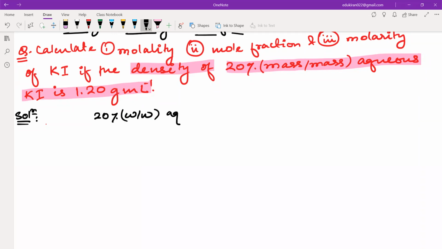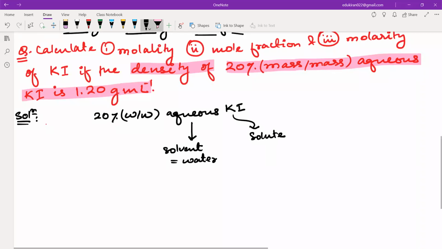Mass by mass aqueous KI. Now, aqueous means the solvent is water, and KI is the solute. First of all, we now know what is the solvent, and we also know what is the solute.